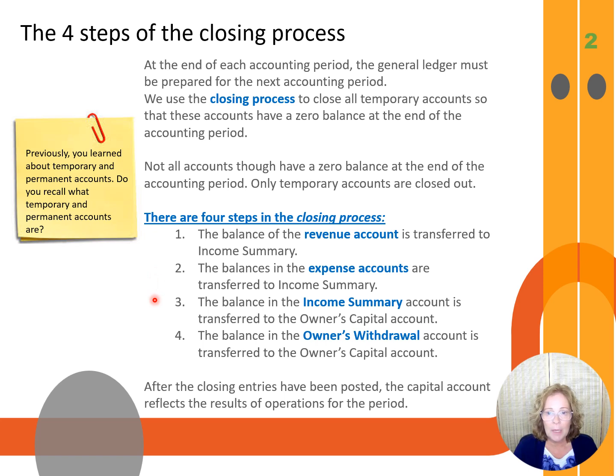In step 3, we close the income summary account to the capital account, and in step 4, we close the owner's withdrawals and dividends to the capital account as well. After the closing entries have been posted, the capital account reflects the result of operations for the period. So let's look at this process step by step.